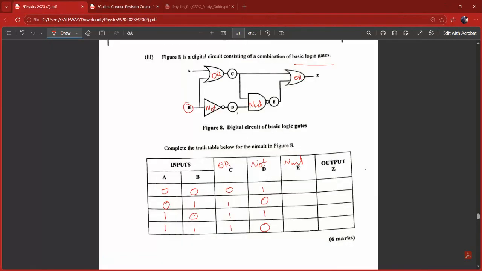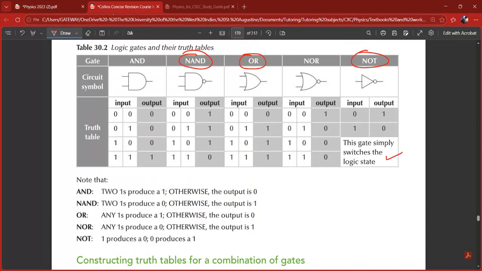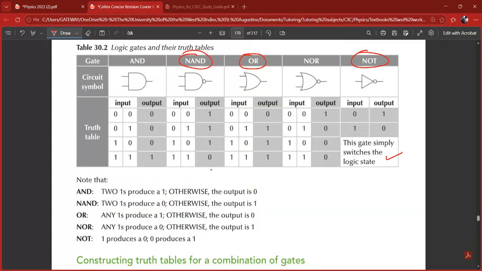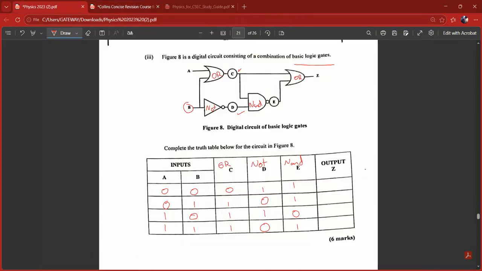The inputs are D and C. So looking at C and D, when you have a 1 and a 1, it becomes 0, and everything else is 1. So here is 1, 1, and 1. Right? Only an on and an on is an off. Everything else is on, considering that 1 is on.